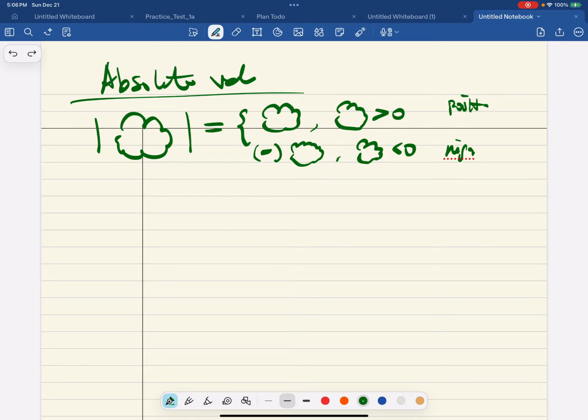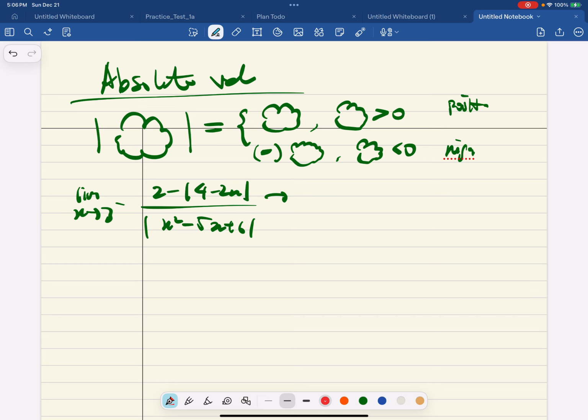Let's do an example. Limit as x approaches 3 from the negative side, and this is important because you will see that things become 0 and you don't want zeros. Basically, you plug these in. Actually, plugging in is the very step you have to do.